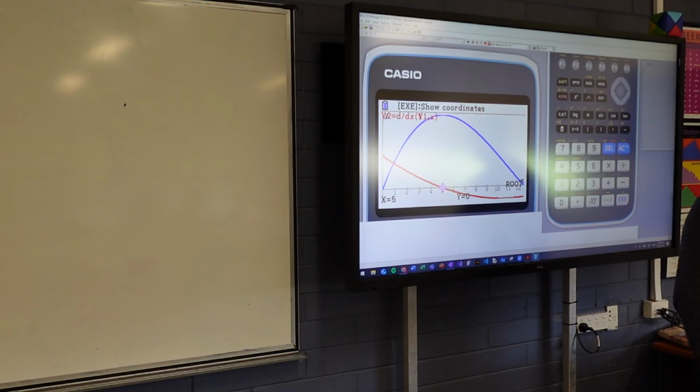So you can discover that when the rate of change of your volume with respect to the change in the length of x is 0, so when it's not changing anymore, then you're going to be either at a maximum volume or at a minimum volume. In this case, it's only showing its maximum.